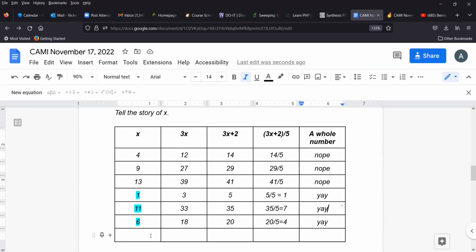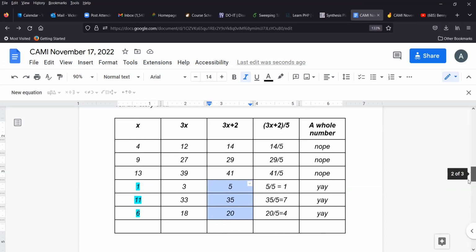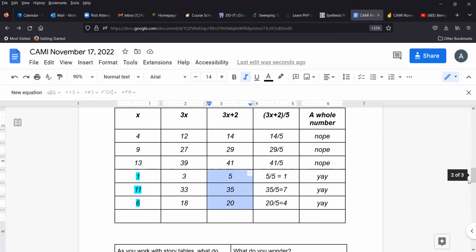Well, I see a pattern that maybe I can share. If you look in the third column, the 3x plus 2 column, 5, 35, and 20, they're all multiples of 5. Thank you, Eric. Something to do with 5.